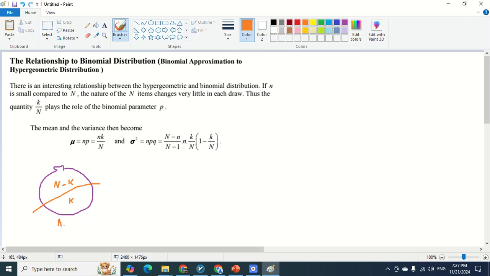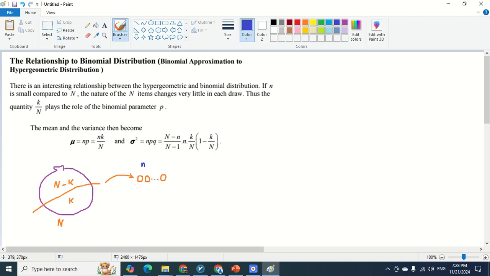So if the total number of objects is capital N, and we draw small n objects from that resource, then as you remember, if replacement is allowed, or if the nature of the objects is not changed considerably, then we can approximate the hypergeometric distribution as a binomial distribution.